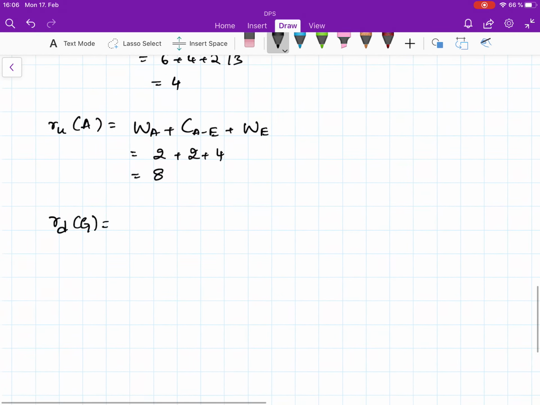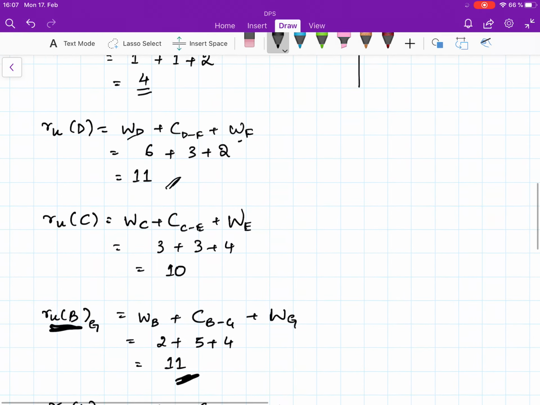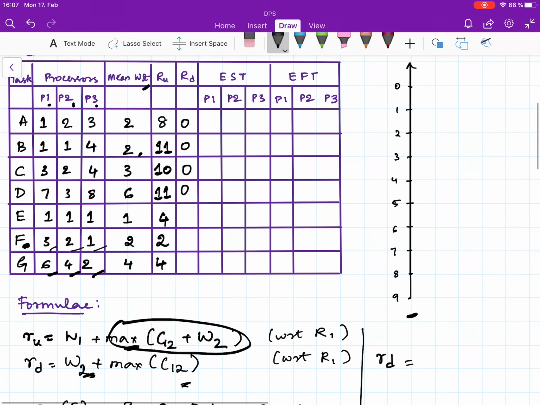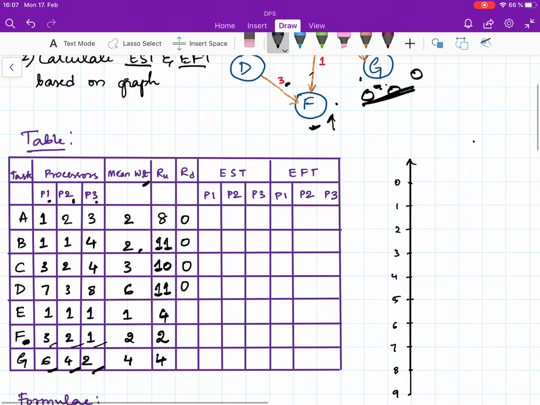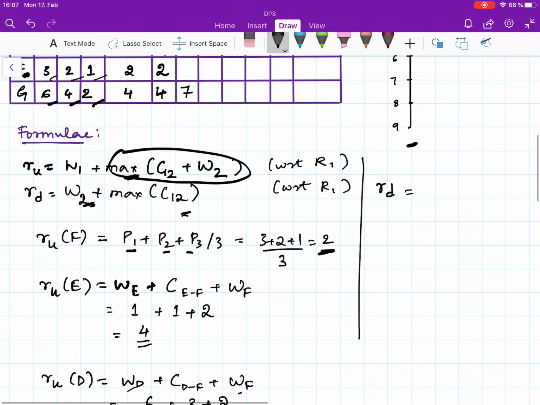So you add the weight of B and the communication cost between G and B, which is 2 plus 5 is equal to 7. So write this back for G as 7.